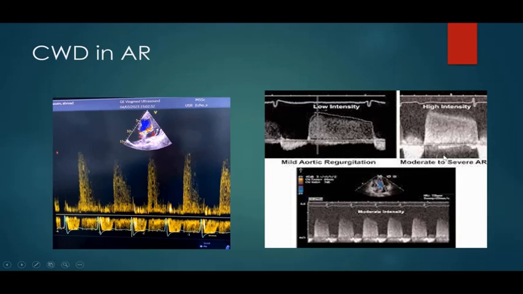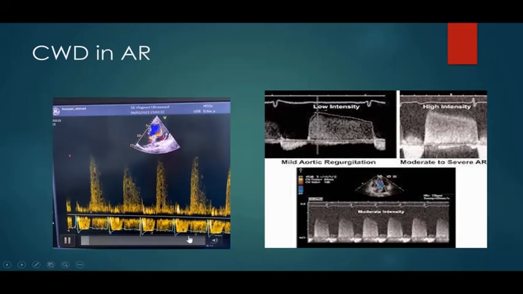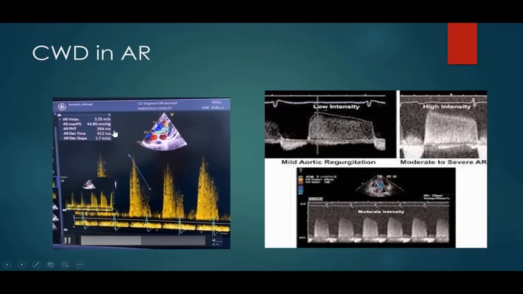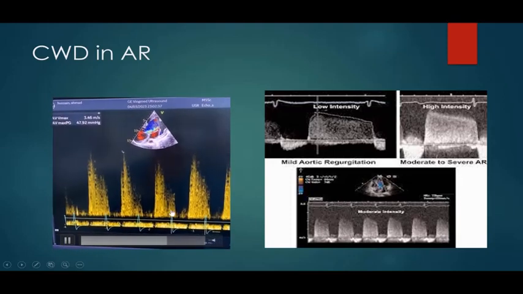That is, the time required for the pressure to become half is less, meaning there is a large regurgitant jet and severe aortic regurgitation is occurring. So based on the pressure half time, we classify aortic regurgitation into mild, moderate and severe. In this patient, the pressure half time is about 264, which comes under moderate aortic regurgitation.